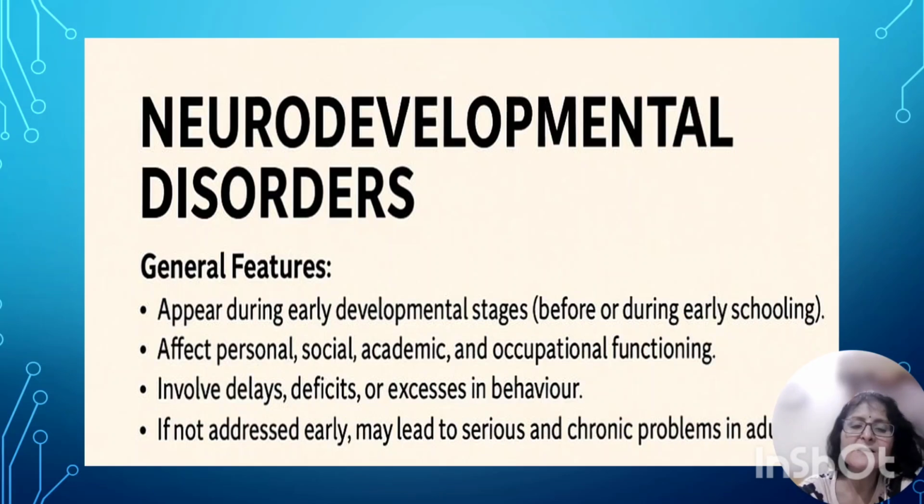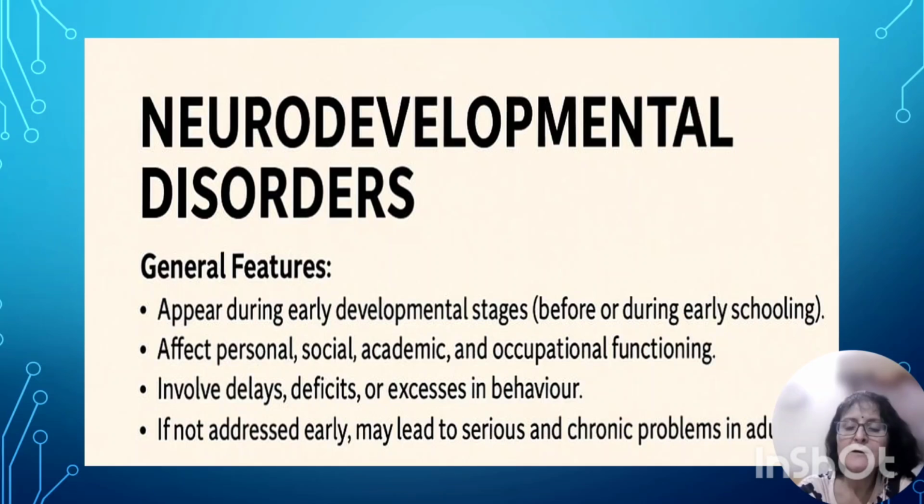Now, when a child is experiencing these things at this early stage of school life, then naturally his personal, social, academic and occupational functioning gets affected. It involves delays, deficit or excess in behavior. That means maybe the child has started walking late or talking late, or started any type of activity late.